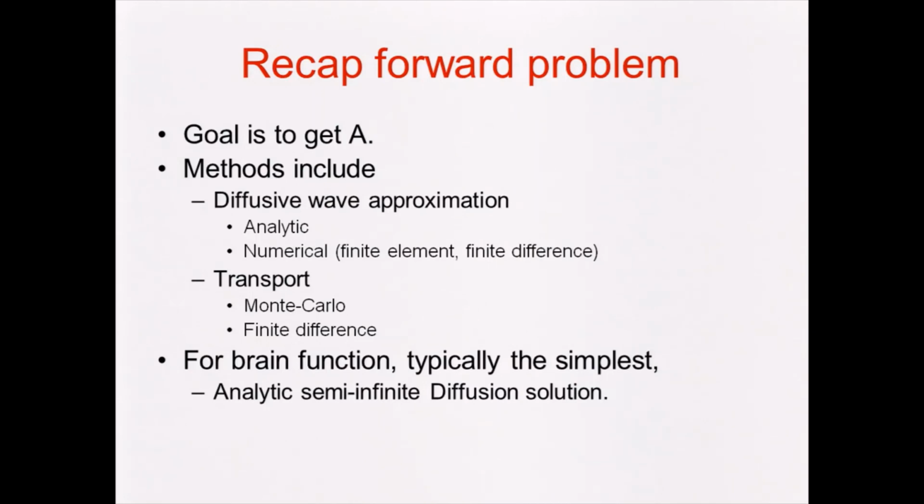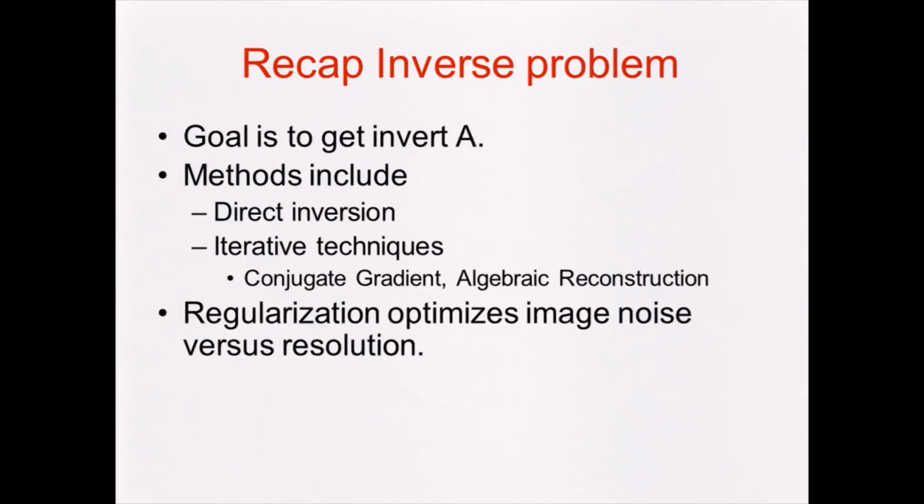For brain function, typically the simplest analytic semi-infinite diffusion solution has been used, but more recently we've been using anatomical information with numerical solvers. The inverse problem, the goal is to invert the A matrix, and the methods include direct inversion or iterative techniques, and the main thing to remember is that regularization optimizes the image noise versus resolution.